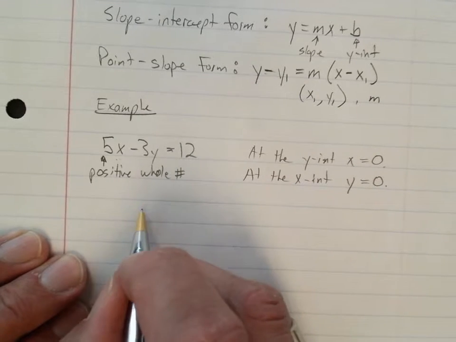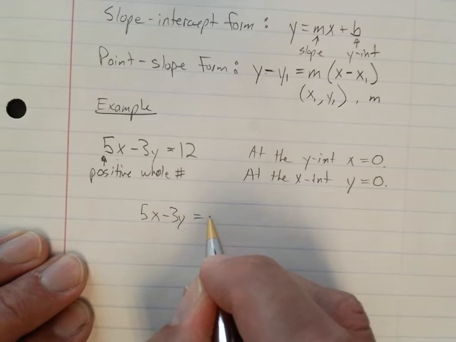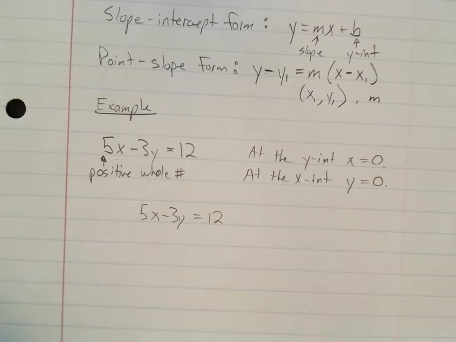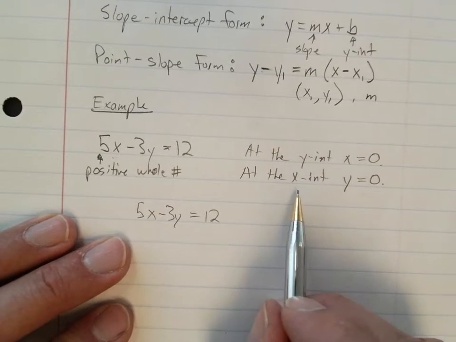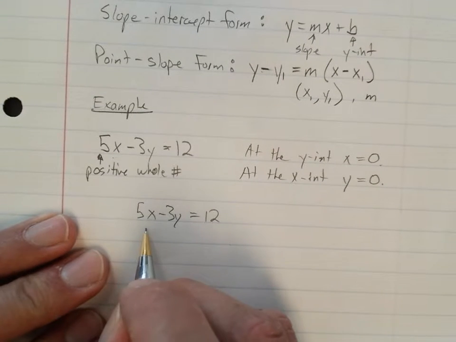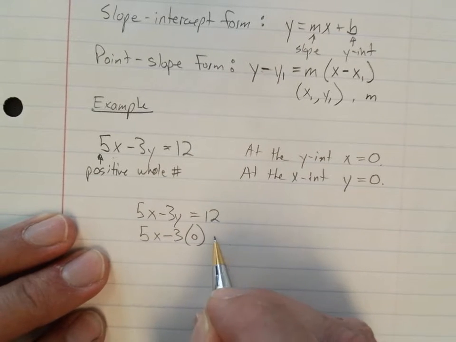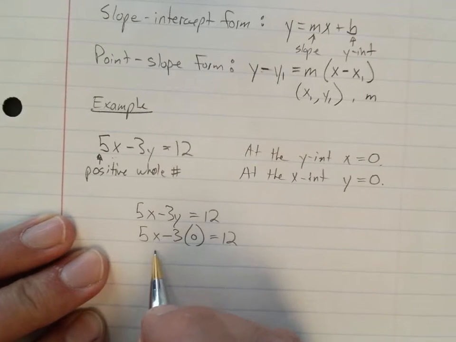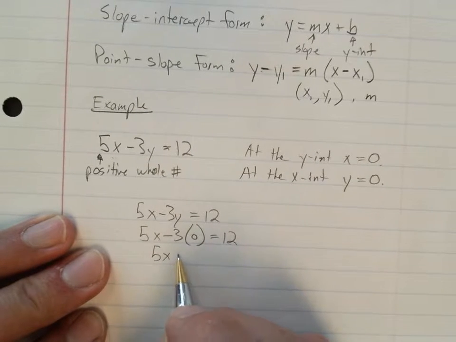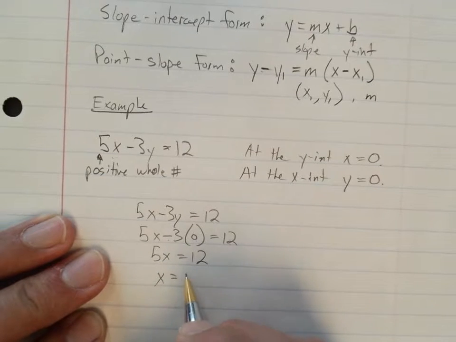So if you have 5x minus 3y equals 12, and I'm trying to find the x-intercept, that means y's got to equal 0. So I'm going to plug in 0 for y. And then solve. 5x equals 12 because negative 3 times 0 is 0, so x is going to equal 12 fifths.